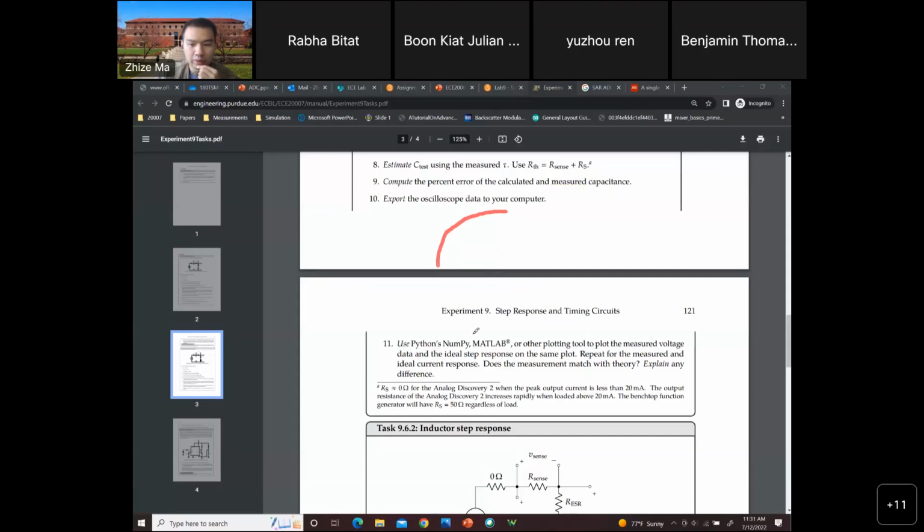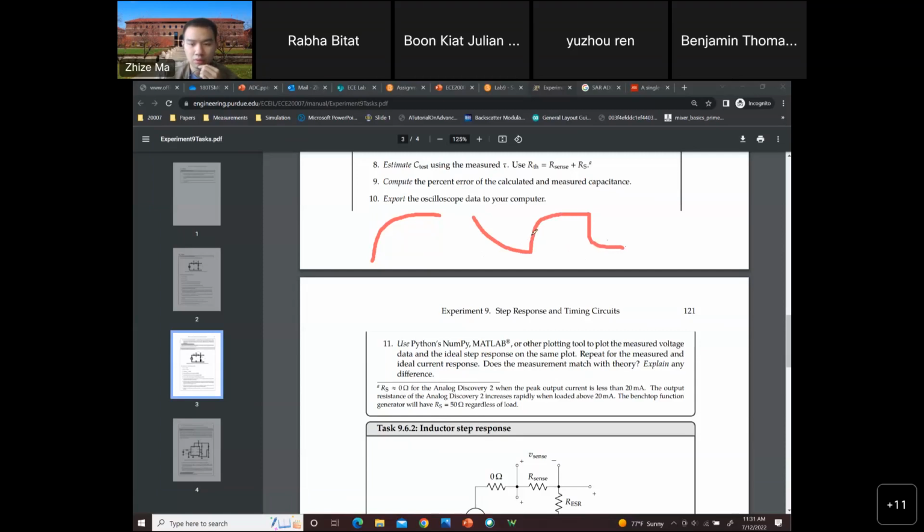But when you plot the measured data, you may have many periods, so your measurement plot may look something like this, because you have many periods on your screen.